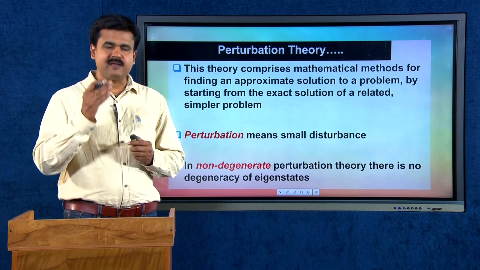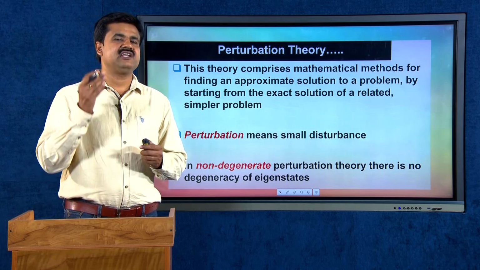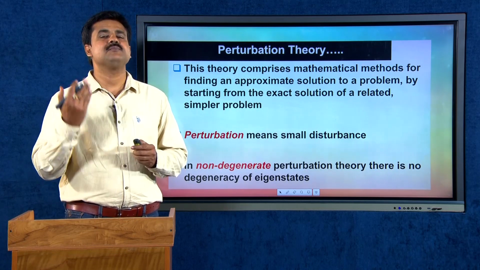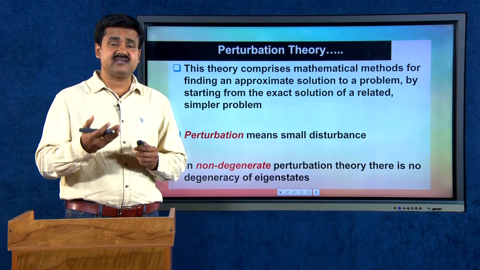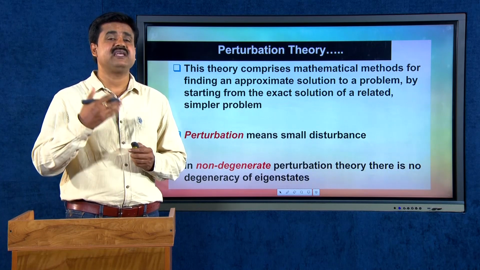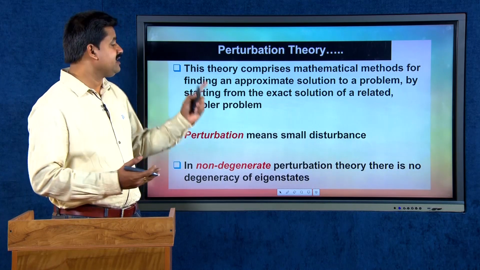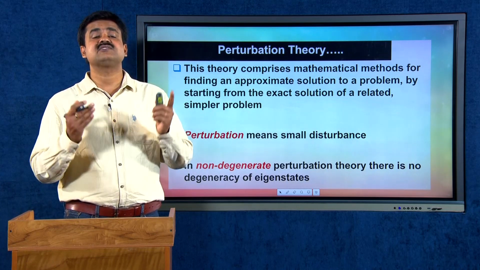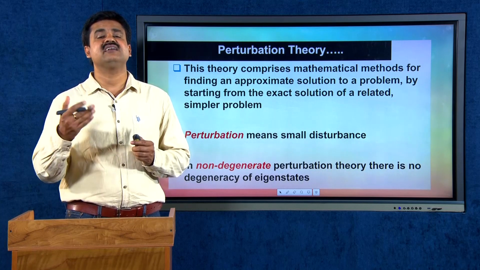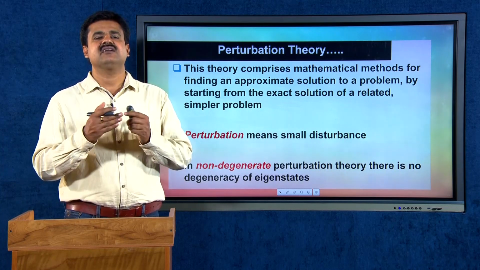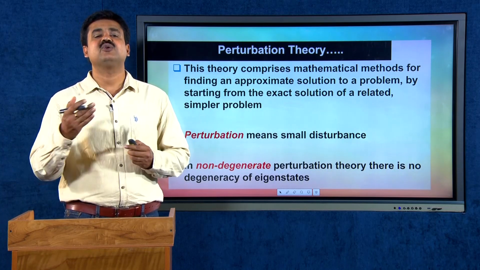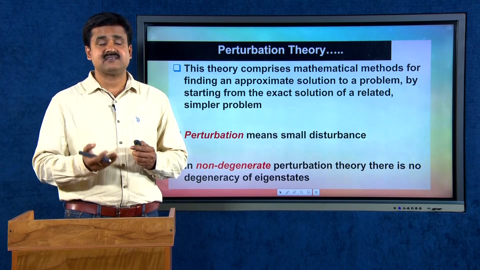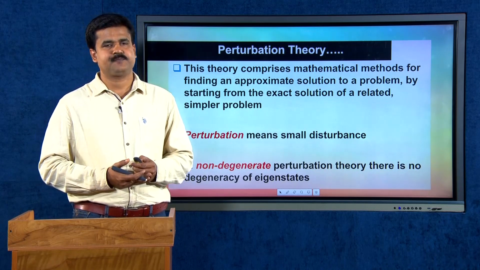So, the three p orbitals are three different arrangements with the same energy. Hence, p orbitals are said to be triply degenerate. And in non-degenerate perturbation theory, there is no degeneracy of eigenstates. That is, the energy states are not degenerate or eigenstates are not degenerate.